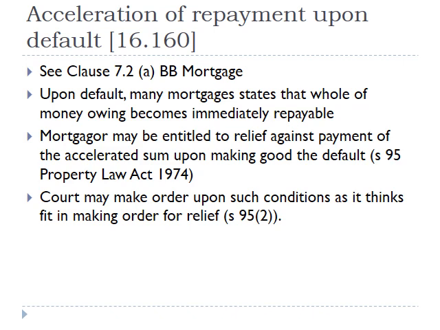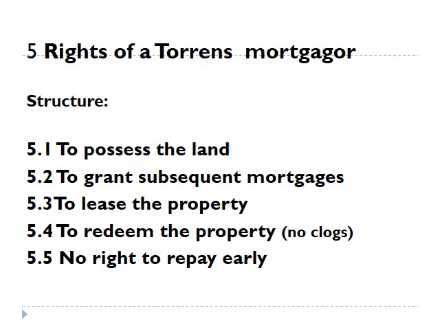And of course, if a mortgagor does that, and the mortgagee does not accept it, the court can make orders that relief be given to the mortgagor and on such conditions as it thinks fit. So have a look at Section 95 of the Property Law Act, as it's a very common clause in a mortgage to accelerate repayment.